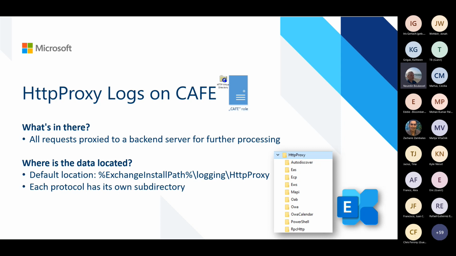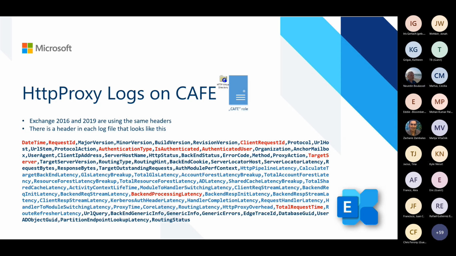Be it EMSMDB or NSPI, it will all be going into MAPI. For 2016 and 19, the header logs are all the same, and all the content is the same, so there is no difference. So if you have something to query on 16, you can reuse it on 19.